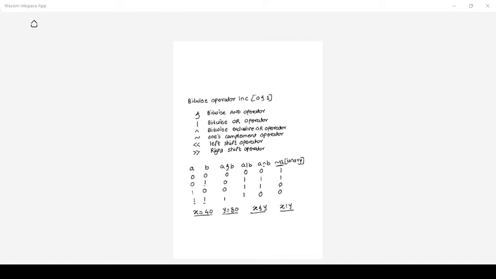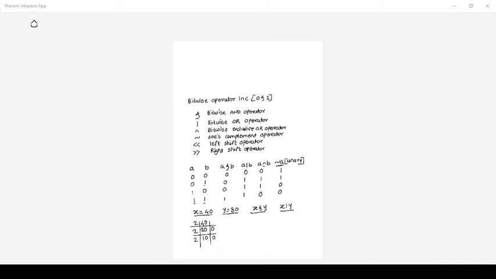So how to do that? First, divide 40 by 2, and we will write the quotient in this section. Dividing 40 by 2, you get 20 as the quotient and 0 as the remainder. Again divide by 2, you get 10 as the quotient and 0 as the remainder.